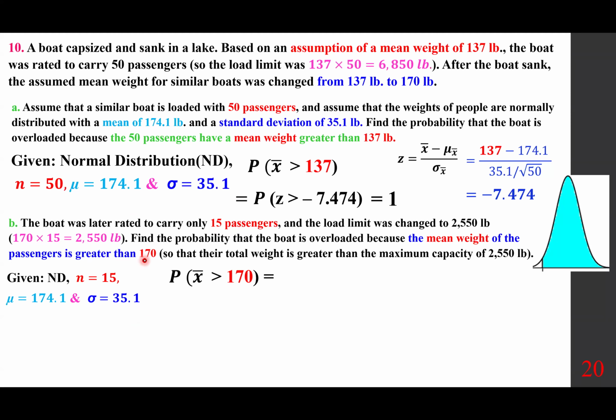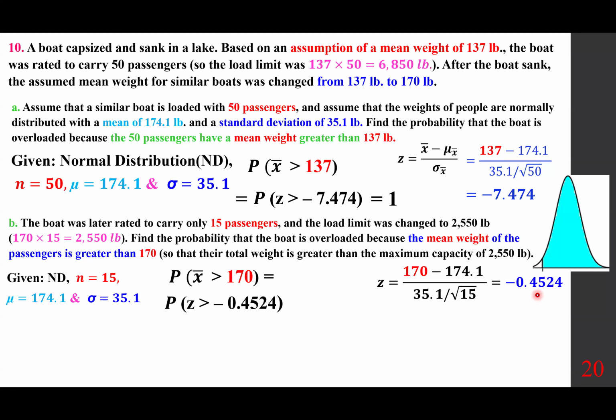So we want to go with the Z. We're going to go with this formula, the same formula. We plug in, and we find the Z. Of course, we are using 170 here. So the probability of Z larger than negative 0.4524.